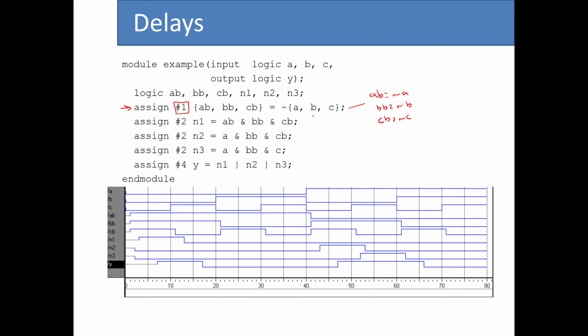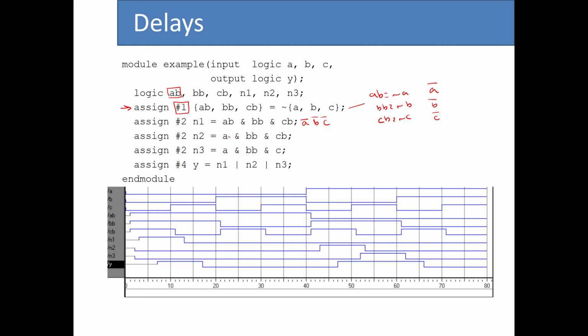So it is basically the result of ANDing the complements of A, B, and C, because AB was basically, if I want to write it, AB, the variable, don't confuse this with ANDing A and B. It's like a single name, right? It's a single name. So this is basically A bar. This one is B bar and this one is C bar. So N1 is actually A bar, B bar, and C bar. And to calculate this, whenever the inputs are available, it takes 2 units of delay for this calculation.